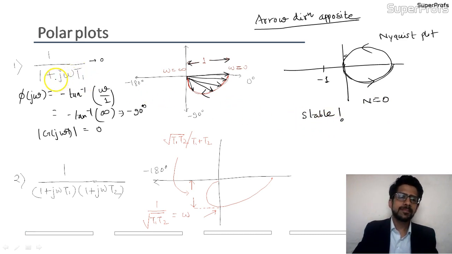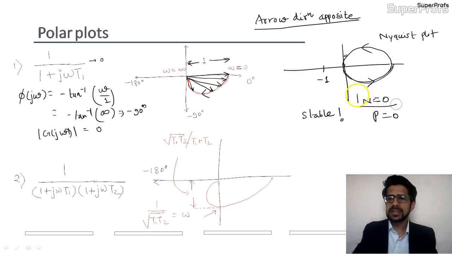As you can see, for t1 greater than 0, 1 plus j omega t1 will have the open loop pole on the left hand side of the s-plane, and that's why we have p equal to 0, and that's why the system is stable. As n equal to 0 suffices. Let us erase this particular function.